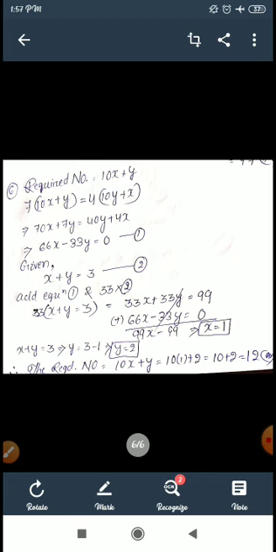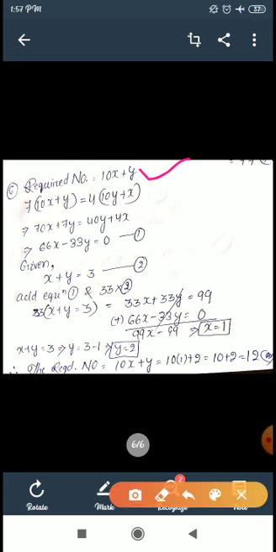The required number is 10x plus y, and 7 times this is equal to 4 times the reversed number, which is 10y plus x. Let us solve that one.